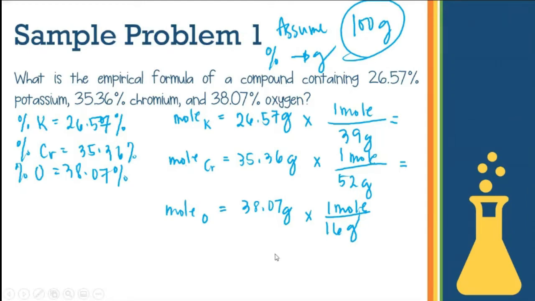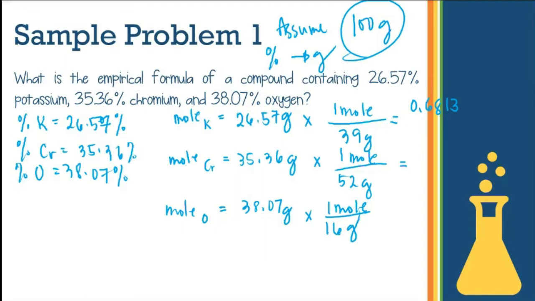So 26.57 times 1 divided by 39. That is 0.6813. Okay, ma'am, sabi niyo po 2 decimal places lang. Okay, kapag hindi pa tayo tapos ng ating computation, you can write as long as you want. Kailan lang tayo magko-convert into 2 decimal places?